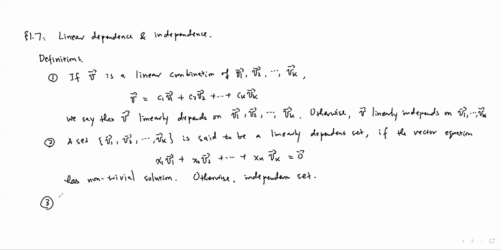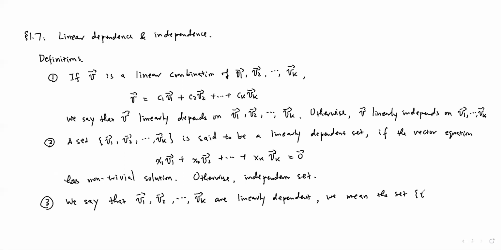Definition number 3. When we say that k vectors are linearly dependent, we mean the set of these k vectors is a linearly dependent set.